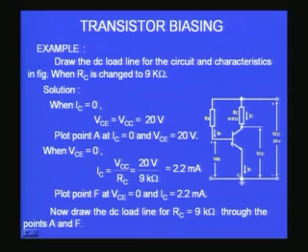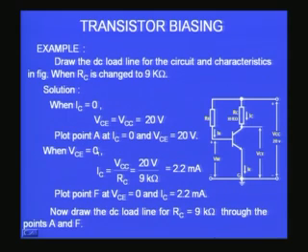This is the same circuit similar to the previous one, except that instead of the 10K resistor that I have here, I replaced it by a 9K resistor. Then what will happen? You would find VCC is still 20 volts, and therefore VCE when IC equals 0 is also 20 volts. So, the one point in the graph is the same, 20 volts on the x axis.